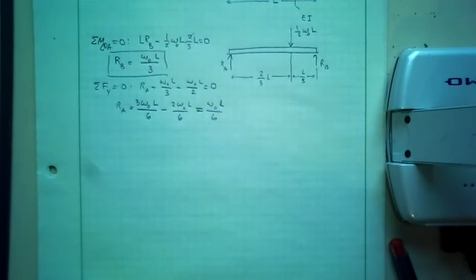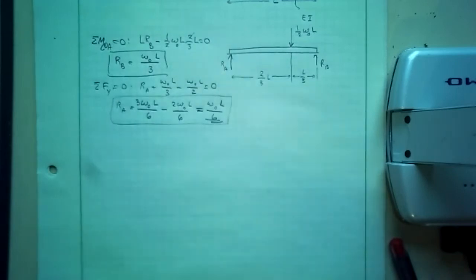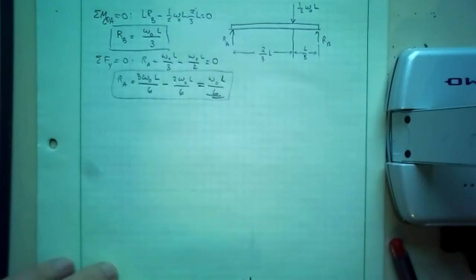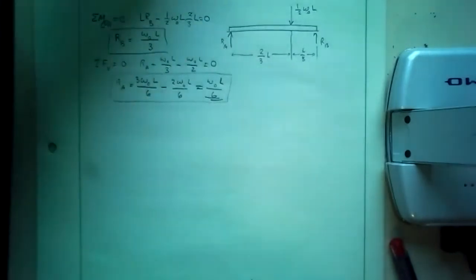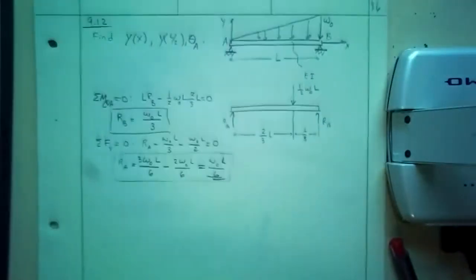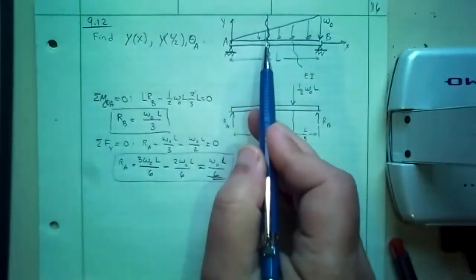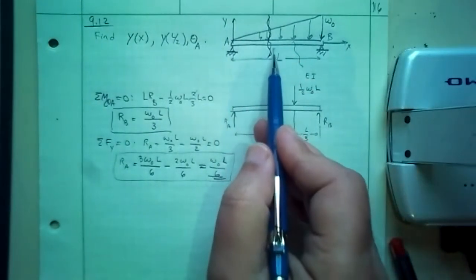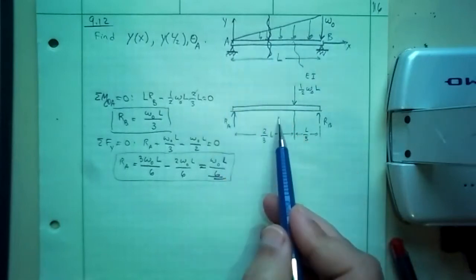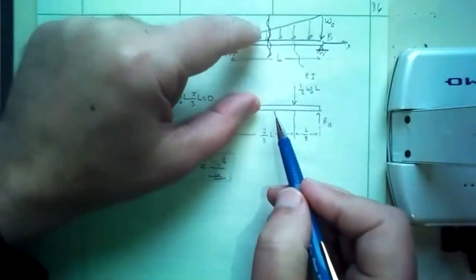Any questions? So that's statics. So to use my equation, I need a function, I need a moment as a function of x. How do I find moment as a function of x? Well, I section it. I section on the original loading, not on this, right? The internal moment between this and this are completely different.